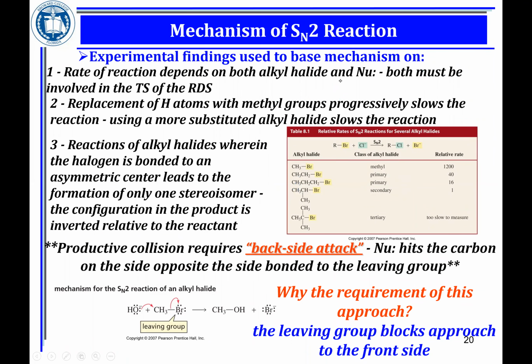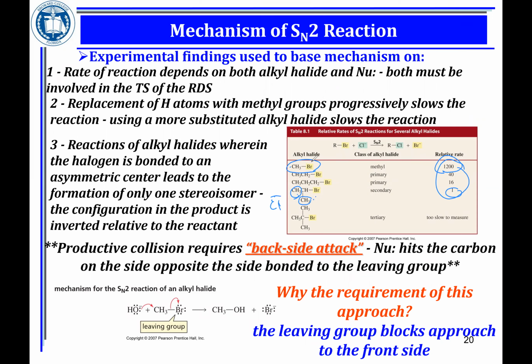Now, with that diagram and explanation about the steric hindrance, probably these numbers make more sense to you. So if you have a methyl bromide, it's going to be 1200 times faster than isopropyl bromide, because for isopropyl bromide, for the chloride to come in, is going to be hindered by these two methyl groups.